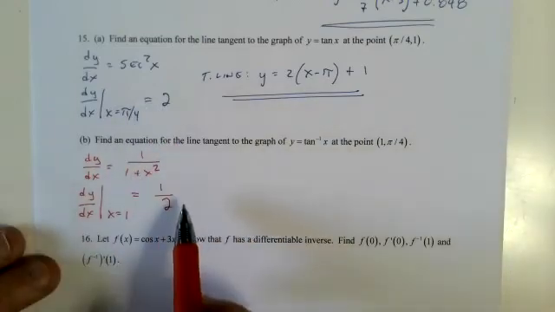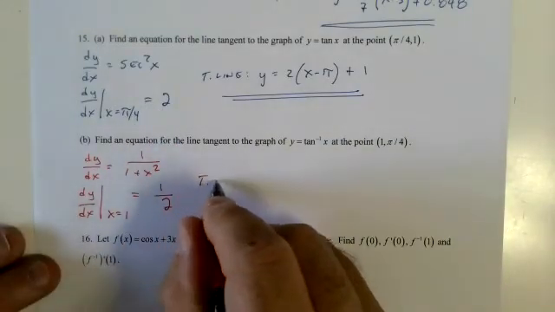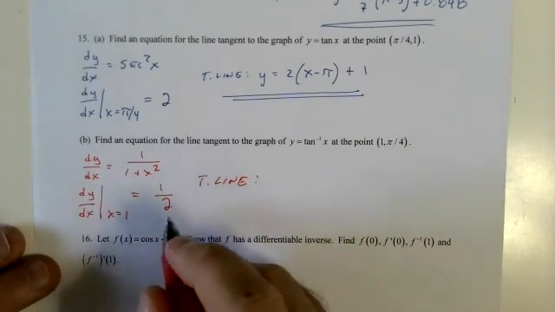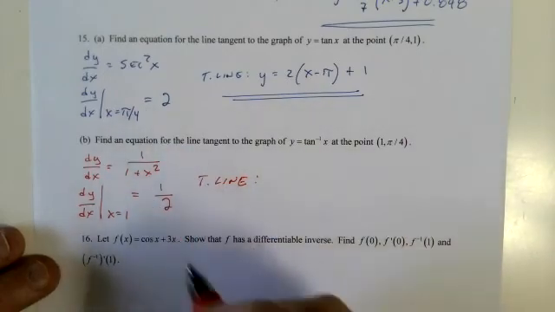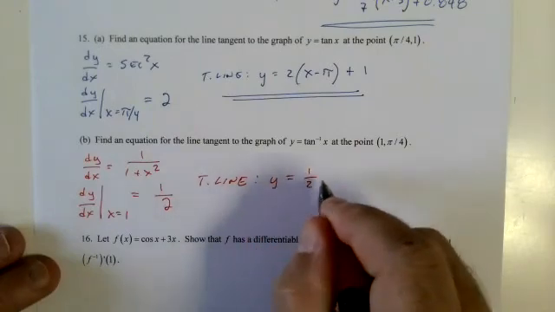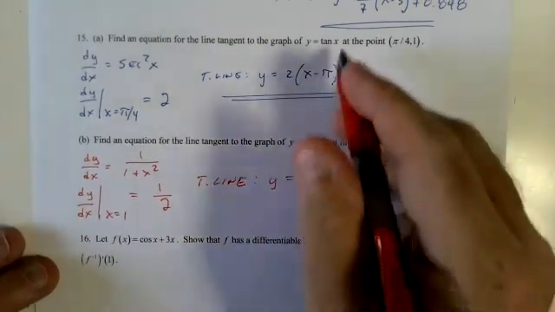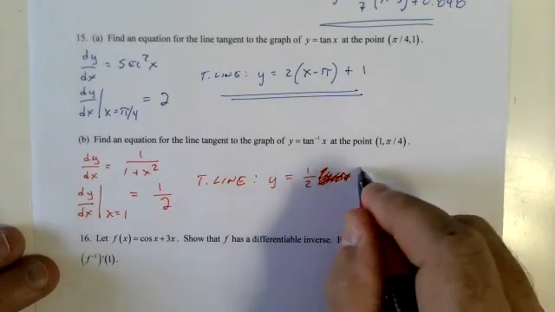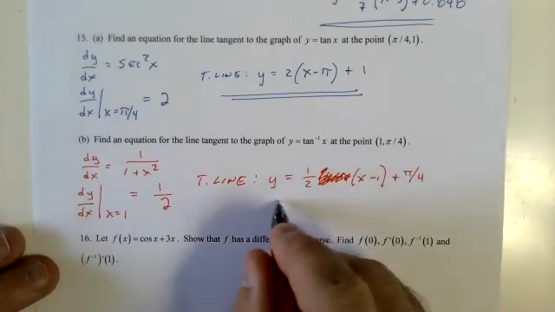They're reciprocals, they're not inverses. Tangent line: y equals 1/2 times x minus 1, plus pi over 4.